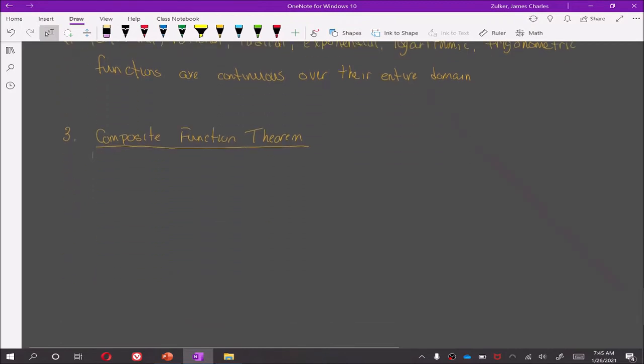All right, so this says if f of x is continuous at L and the limit as x approaches A of g of x is equal to L, then the limit as x approaches A of f of g of x is equal to f of L. In a sense, what this is saying is we can pull the limit inside of a continuous function.